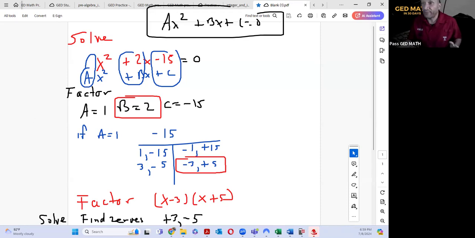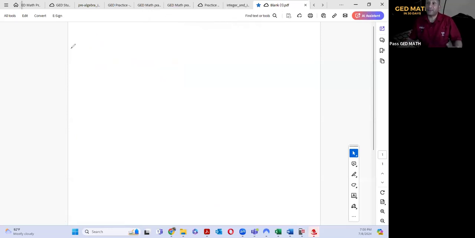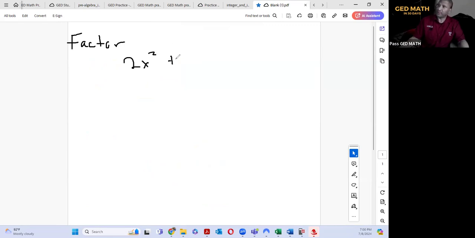Let me explain two more things before we leave. A lot of times they'll give you a problem like this. They'll say factor. Let me make something up real fast. Let me grab a piece of paper. So, 2x squared plus 7x minus 15.